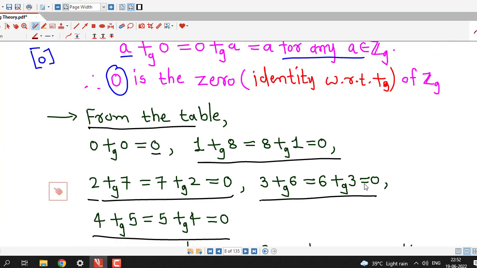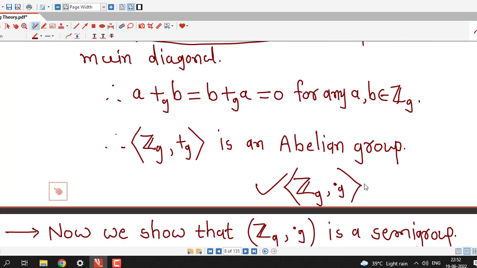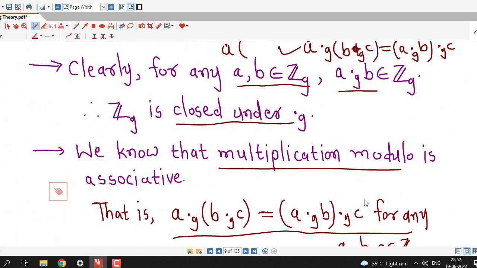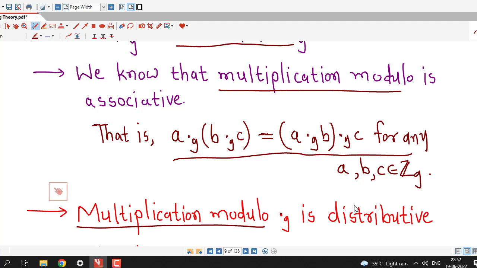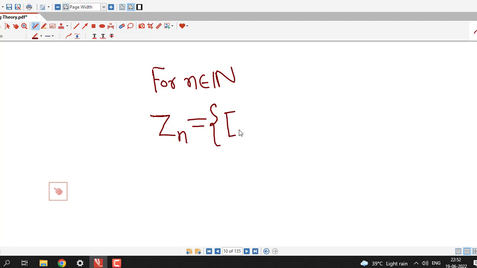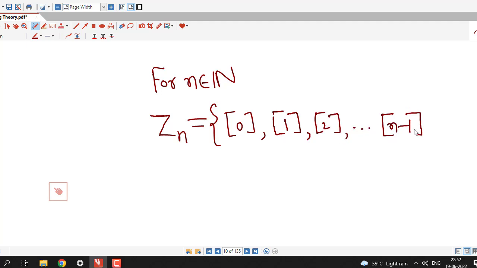Show that the given set is a ring under the given binary operations. Now this is not true for Z9 only. In fact, if we consider any set Zn for n belongs to N, we know that Zn is the set of equivalence classes generated by 0, 1, 2 up to n minus 1.